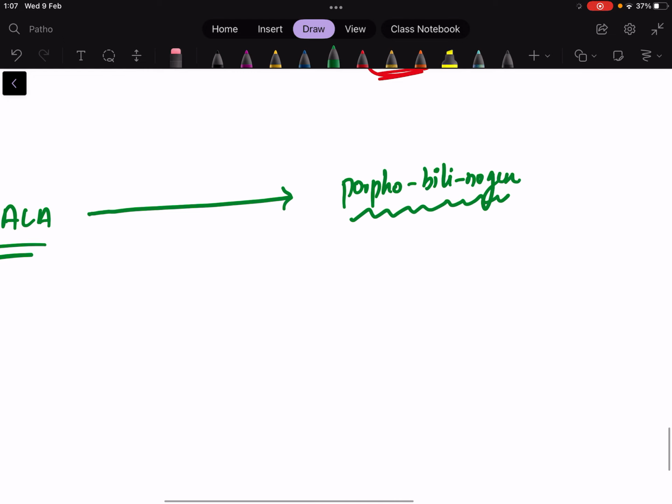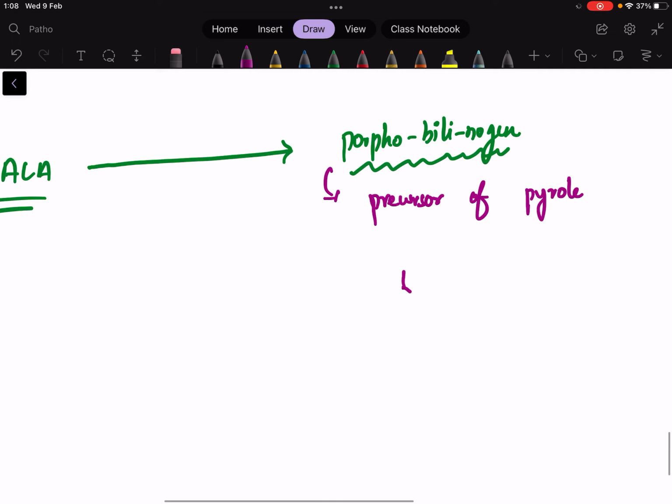Okay, now what is this porphobilinogen? Porphobilinogen is a precursor of your pyrrole ring. It means this porphobilinogen is a pyrrole ring, like this. I already told you there will be pyrrole ring with nitrogenous base, but it is imperfect. So to this imperfect pyrrole ring, we have to make certain modifications, and eventually we can get your heme.